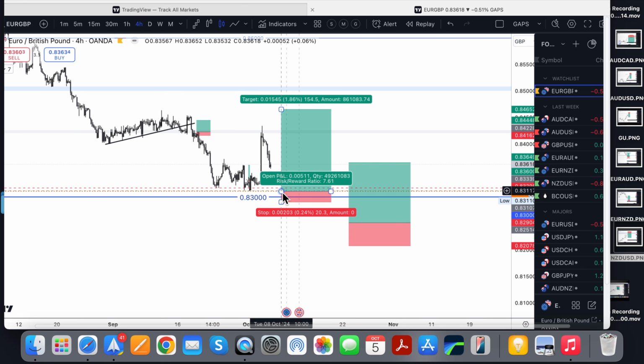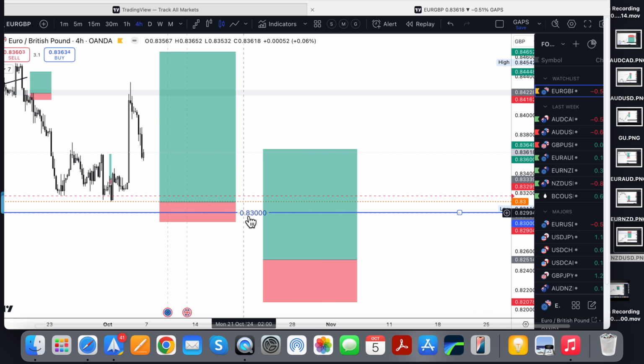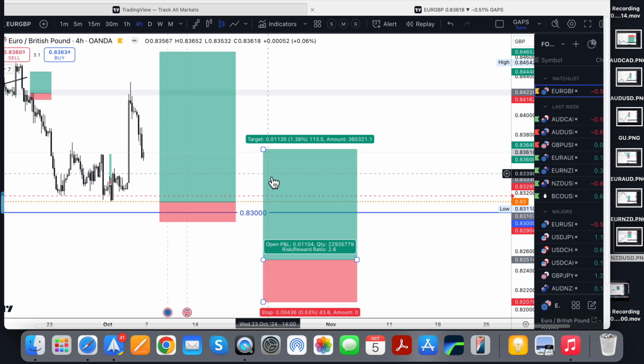So we've marked this area out here, saying 83. This is where we're going to start paying attention. This is our point of interest. Only when we get here, then we will drill down to the 15-minute time frame. And as you know from previous videos, we're looking for engulfing candles. We're looking for big wicks or big tails, big rejection wicks on the 4 hour, big rejection tails on the 4 hour.